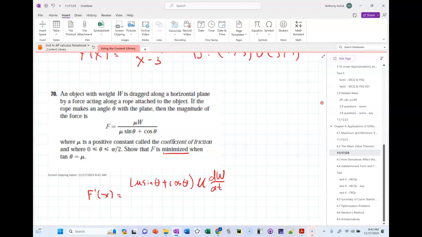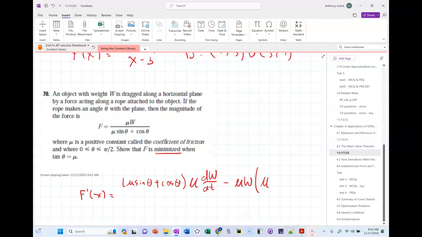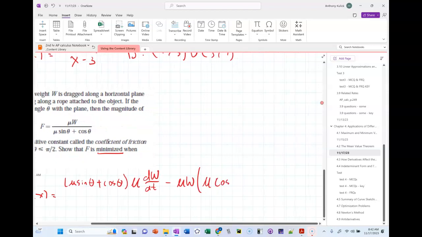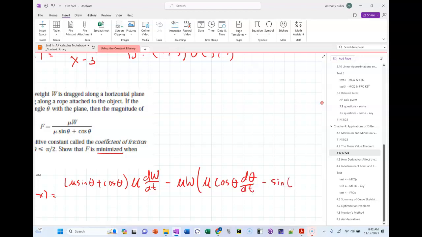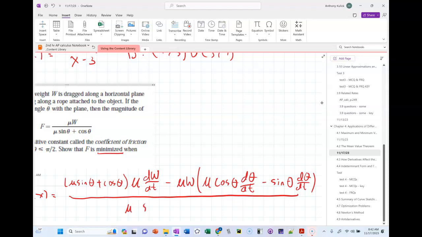Probably time, I suppose. And then the top times the derivative of the bottom, over the bottom squared.